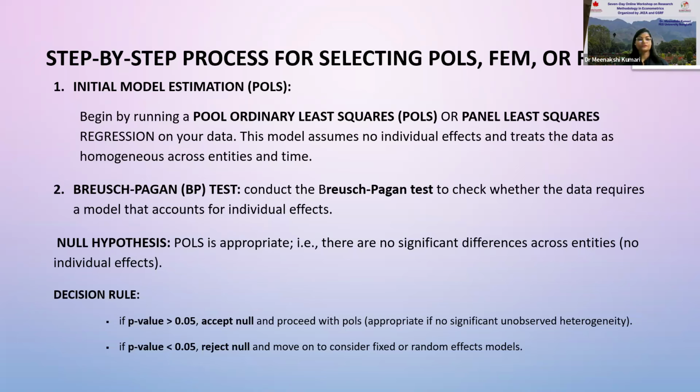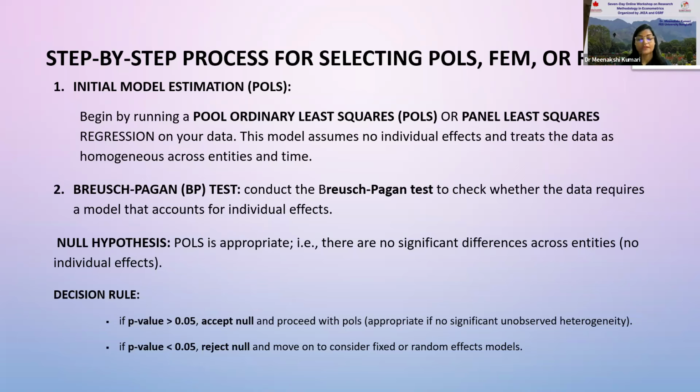After running POLS, we should check the BP test, that is the LM test. The Breusch-Pagan test, we conduct it to check whether the data requires a model that accounts for individual effects. Similarly to what we discussed about Hausman, here is this BP test. After running pooled OLS, we should run the BP test.